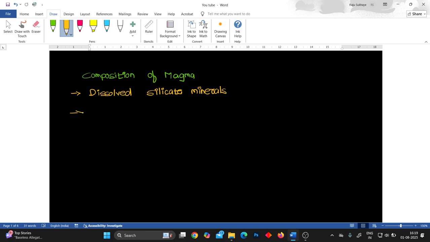Next, it consists of dissolved gases. Those gases can be sulfur dioxide, carbon dioxide, carbon monoxide, and hydrogen sulfide, H2S.